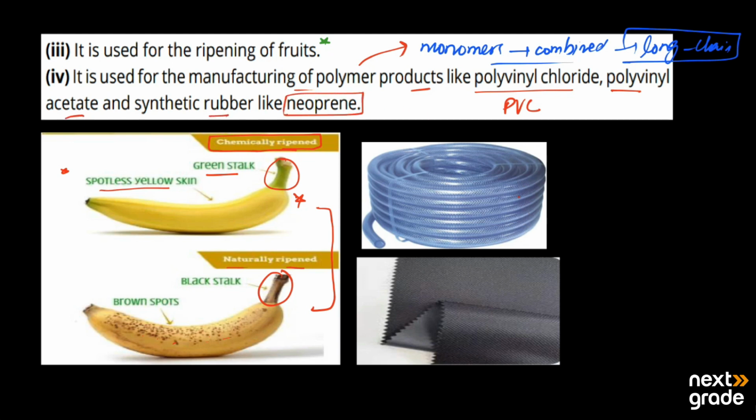You can see these PVC or polyvinyl acetate products. Here, this is a simple pipe which is used for the transfer of water from one area to another, and this is simple nylon. It is made up of different polymers in which we can use different compounds of the alkynes. So this is the fourth use of the alkynes.